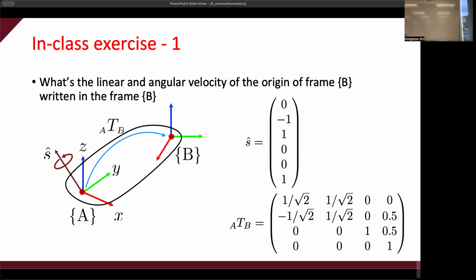It's from frame A to frame B. For the angular part, it's the same matrix, you don't have to change it.